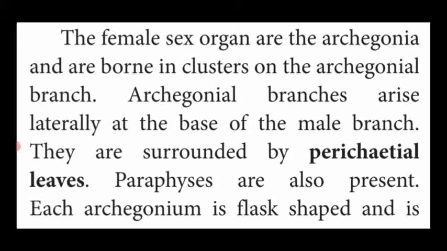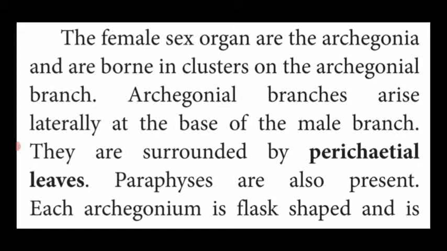So this archegonial branch is also surrounded by leaf-like structures known as perichaetial leaves. The antheridium is surrounded by perigonial leaves. This archegonium is surrounded by perichaetial leaves. Dear students, a 1 mark and 2 mark question is there.